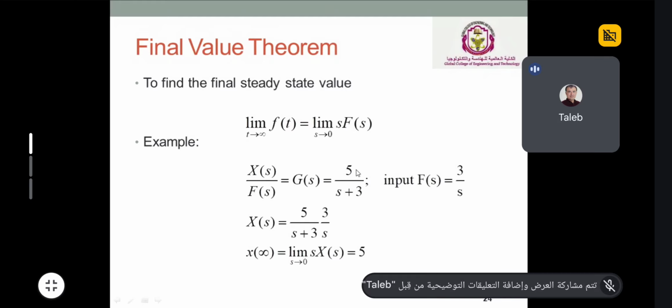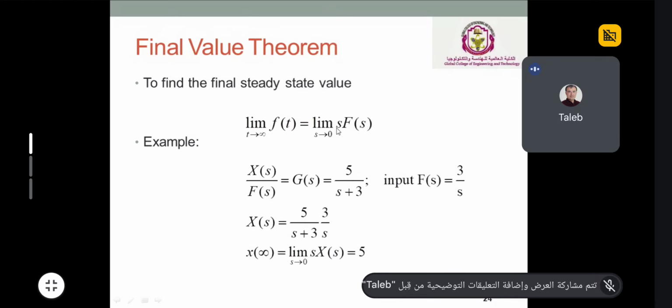For example, G of s is given to you, or you will find it, the transfer function. This is given in the question, and that is the input. You multiply these two and it gives you F of s, the output. Then multiply the result with s.